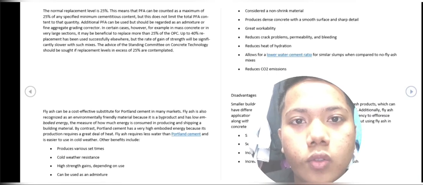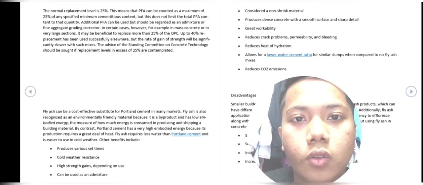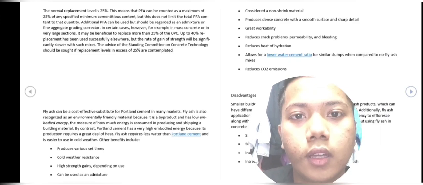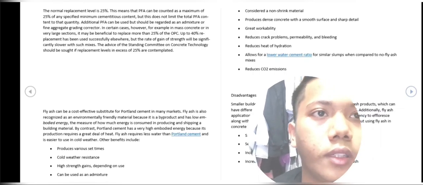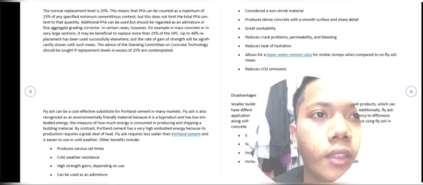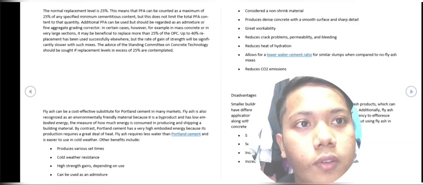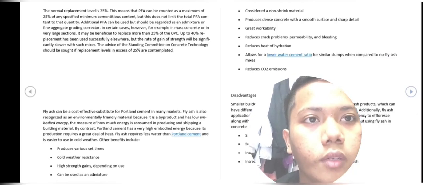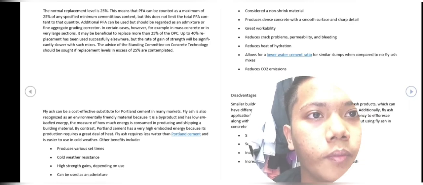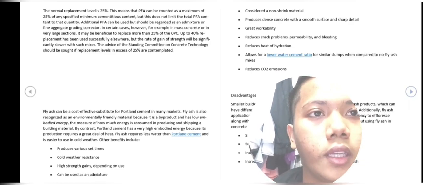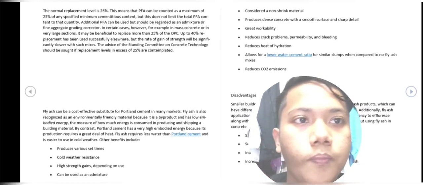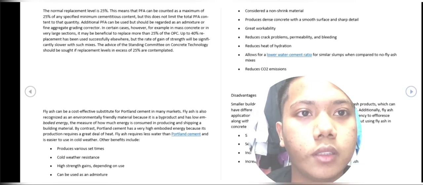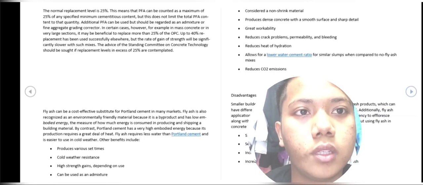Other benefits include producing various set times, cool weather resistance, high strength gain depending on use, and it can be used as an admixture. It is considered a non-shrinking material, produces dense concrete with a smooth surface and sharp detail, has great workability, reduces cracking problems, permeability and bleeding, reduces heat of hydration, allows for a lower water cement ratio for similar slump when compared to non-fly ash mixes, and last, reduces CO2 emissions.